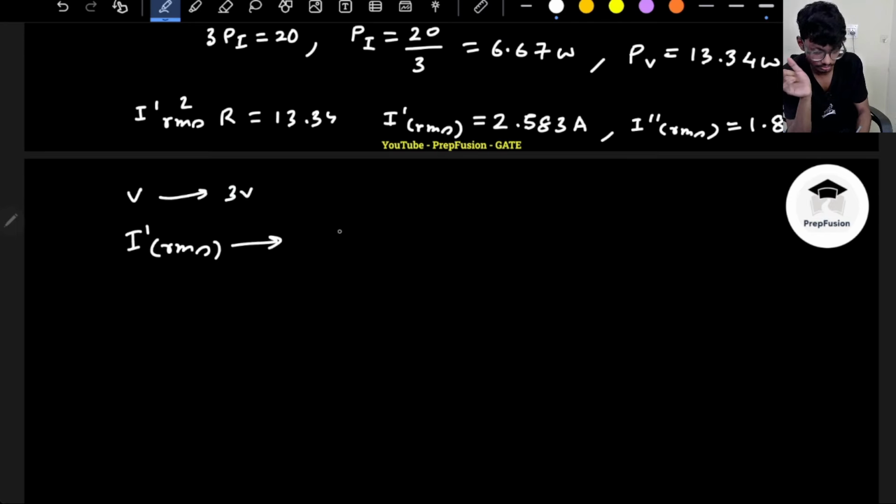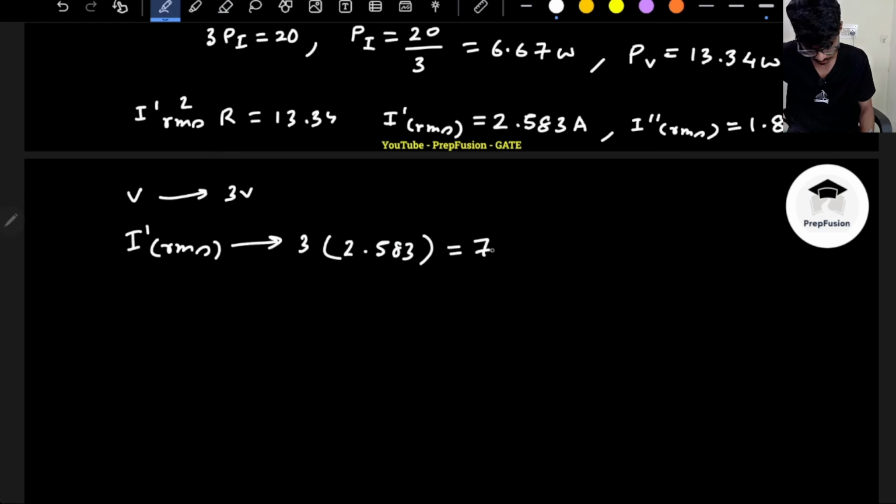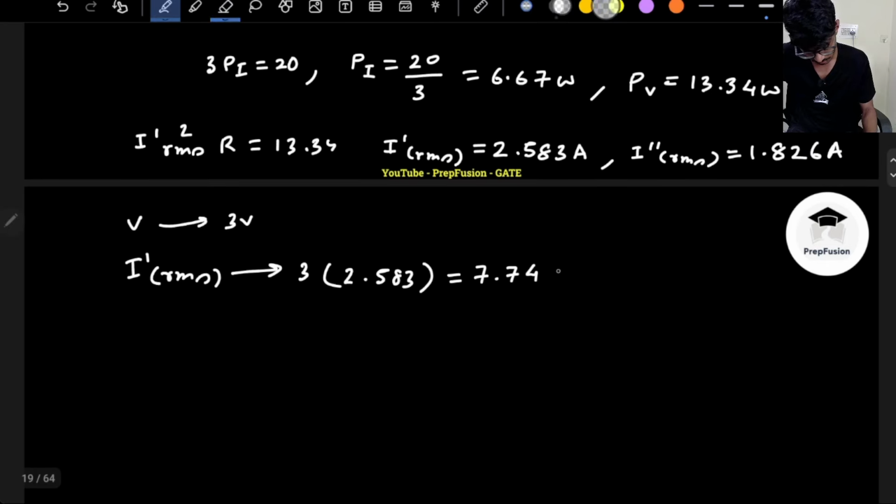So the I dash RMS will become 3 times the previous value, that is 3 times 2.583. So 2.583 into 3, this is equals to 7.49 amperes.